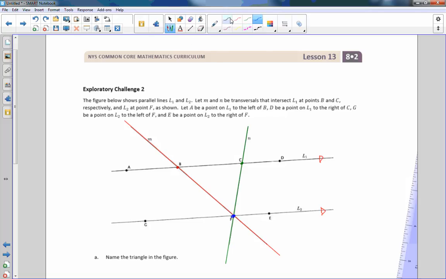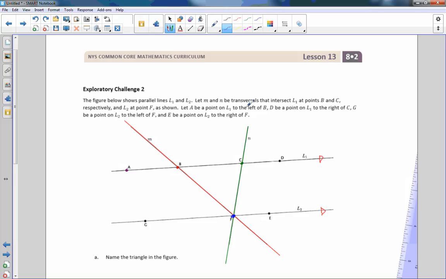Let A be a point on L1, that's right here, to the left of B and D. So here's D, here's B, A is to the left.